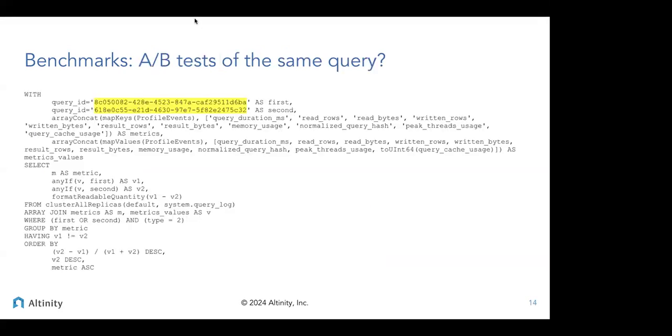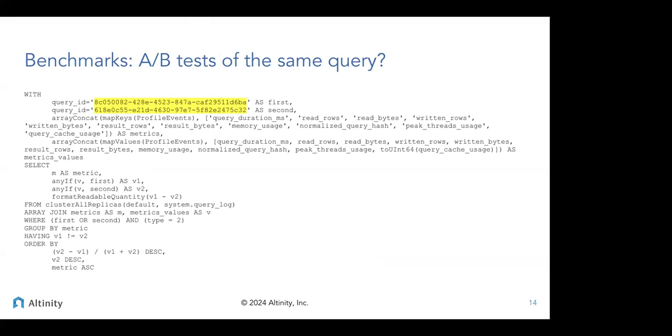Yeah, so once we know that there are those metrics, which are stored in the profile events or in basic fields in the query log, we can use them to compare, for example, two different queries.